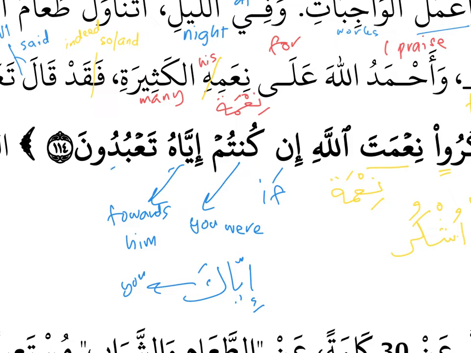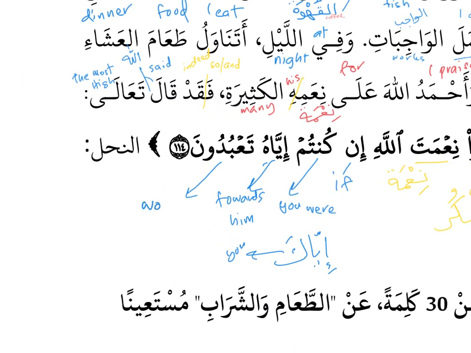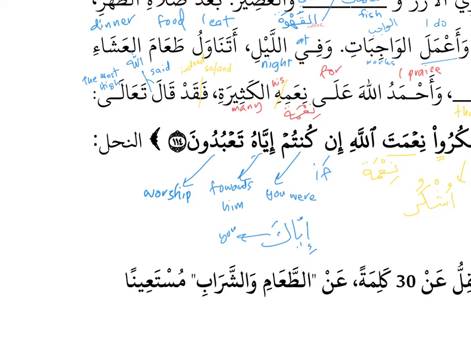In kuntum iyyahu ta'budun. Ta'budun here means worship. So if you worship him, if you really worship Allah, if you really are the servant of Allah, because the word ta'budun, worship, is from the word servant, abdun, ain ba dal. Here you have this word again. So when we worship Allah, we are becoming the servant of Him, the slave of Him.